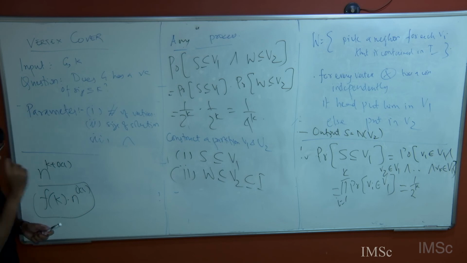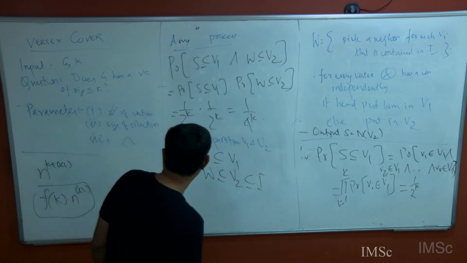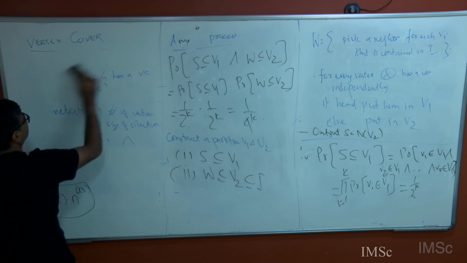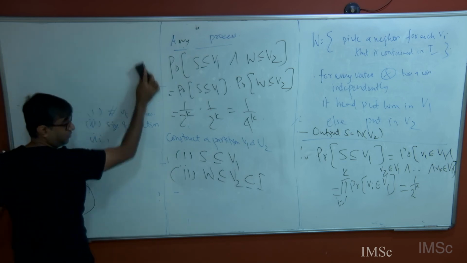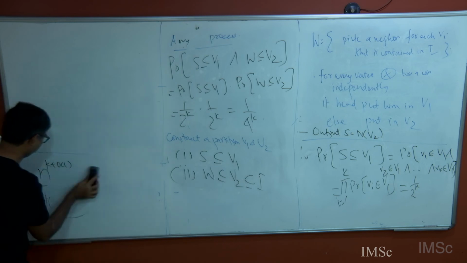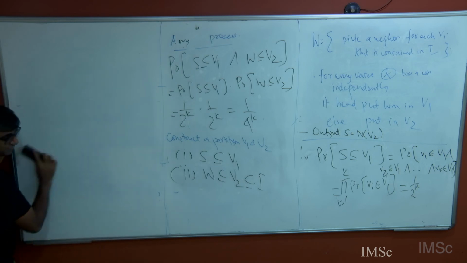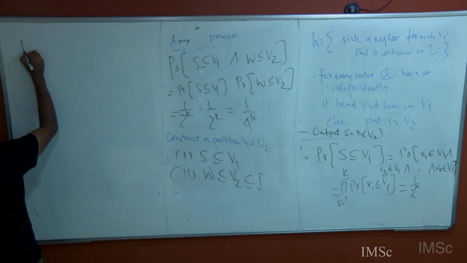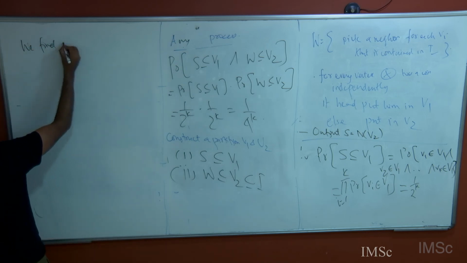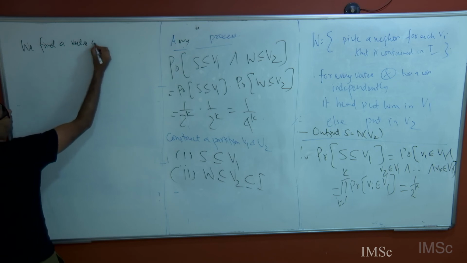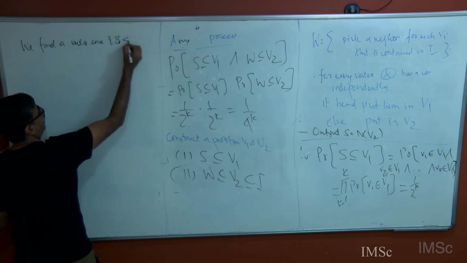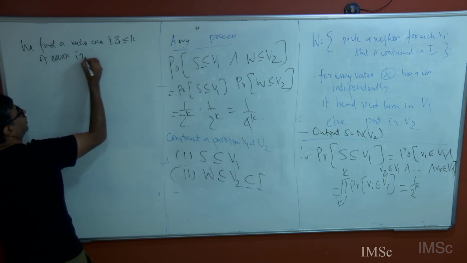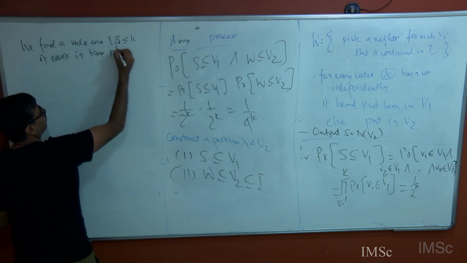But you might ask, hey, I made a polynomial time algorithm? That sounds funky. So what did we achieve? We find a vertex cover of size at most k, if it exists, in time poly n.